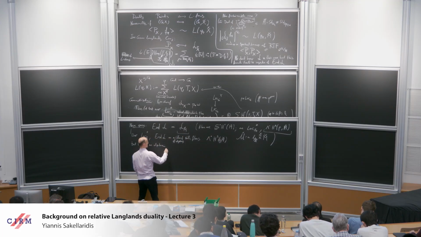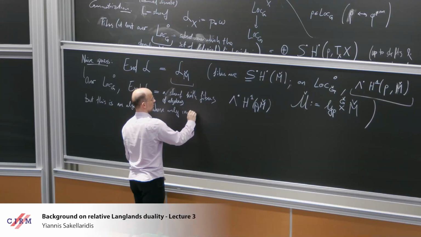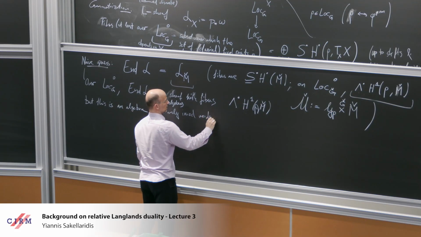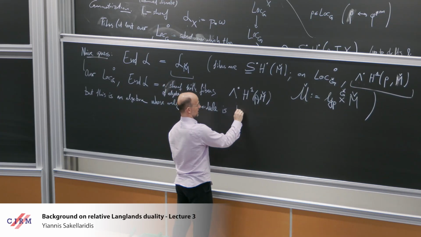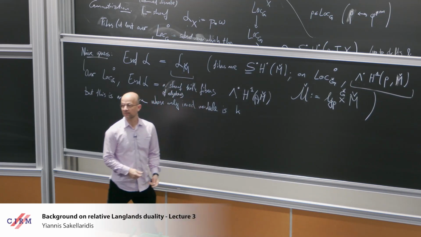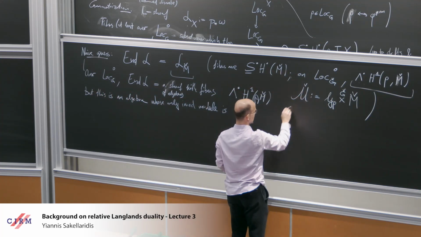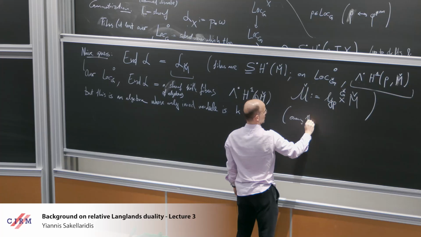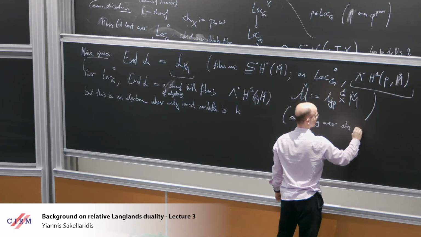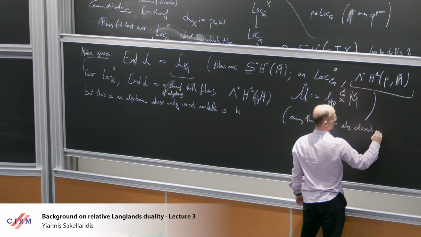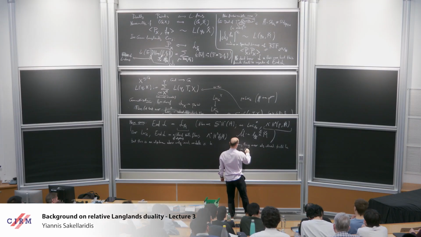This is an algebra whose only irreducible module is just the field itself. Okay, so I'm assuming that everything on the dual side is over an algebraically closed field in characteristic 0.